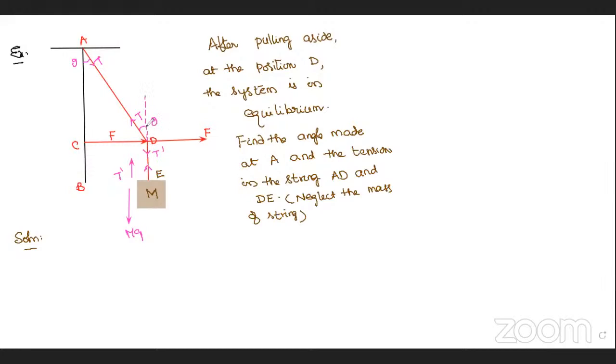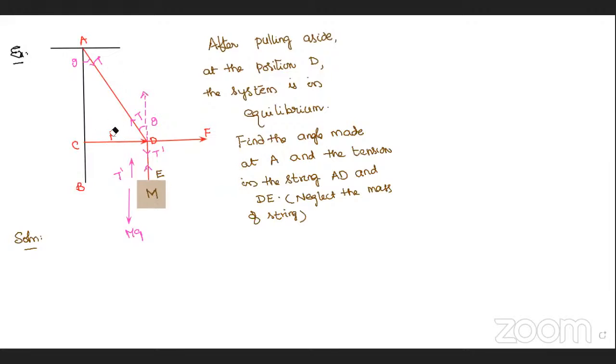Then you may ask, sir, why you are taking the angle here? Because T dash is vertically downwards along the y-axis. F is exactly along the x-axis. But T is neither along the x-axis nor along the y-axis. That's why I'm taking this angle. I'm going to resolve the T into two components.